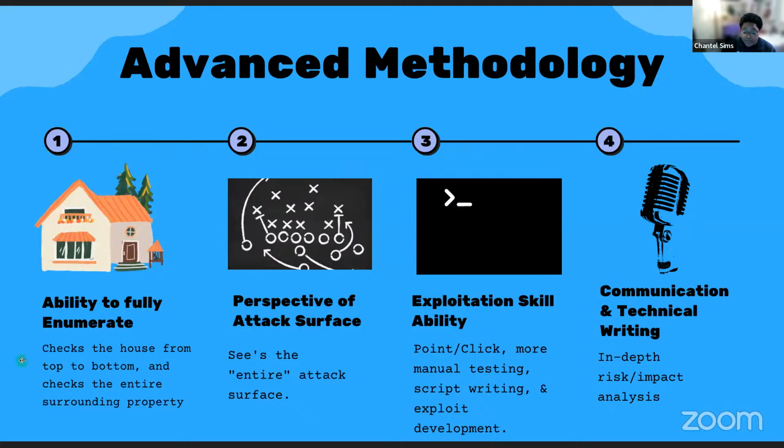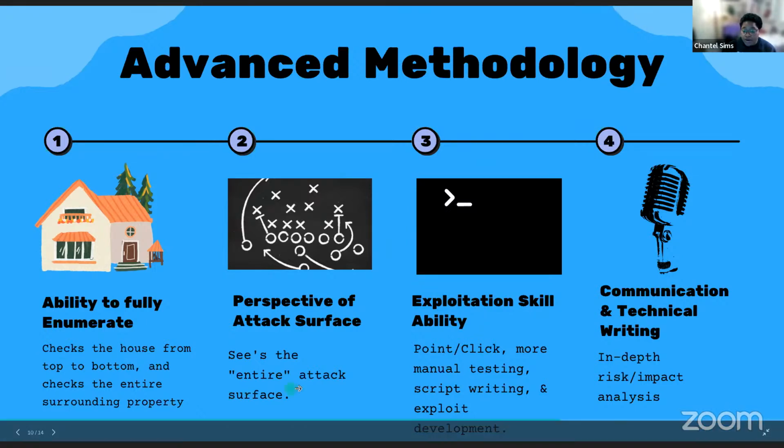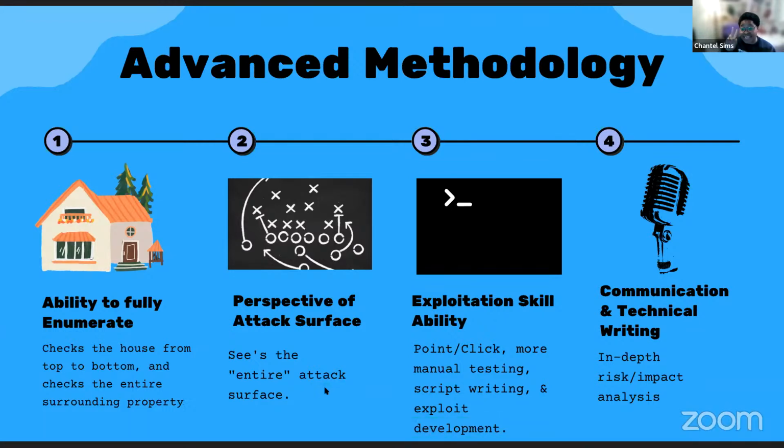And something I've learned from them when it comes to their advanced methodology, they are checking the house from top to bottom. They're checking the entire surrounding property. Their perspective of the attack surface, they're really starting to see the entire attack surface. And I put that in quotation marks because there's still 0 days, right? Sometimes there are things there that no matter how skilled you are, you're just not going to see.